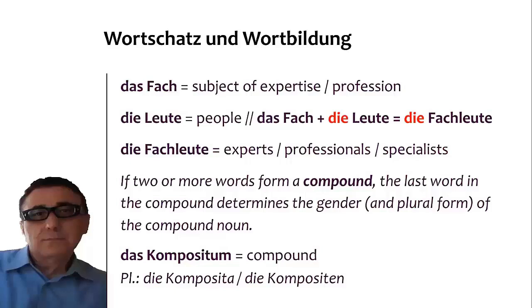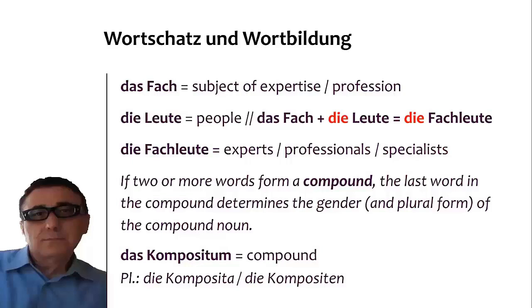So, these two words, das Fach and die Leute, come together, make a compound, a connected word, and we have die Fachleute. And the Fachleute means experts, professionals, specialists. Here is a very important rule. If two or more words form a compound, the last word in the compound determines the gender and the plural form of the compound noun.